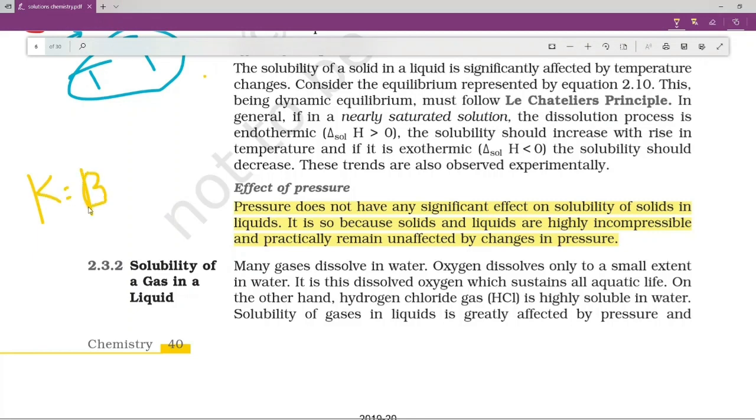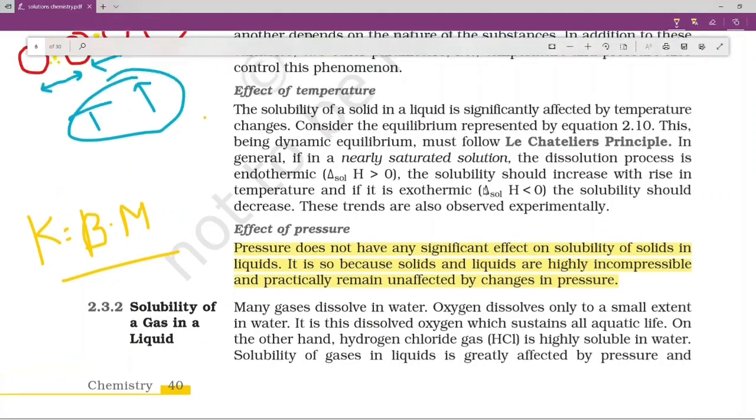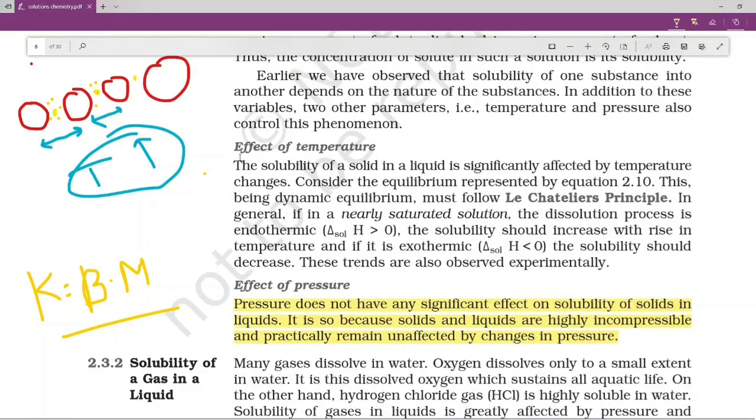In the case of liquids and solids this value of bulk modulus is very high, as a result of which they do not respond to pressure change in a very effective way. And the effect of temperature, which I've already told you, is that the solubility of solid and liquid is significantly affected by temperature changes.